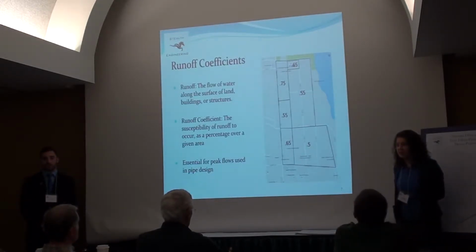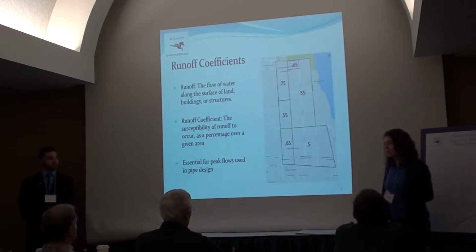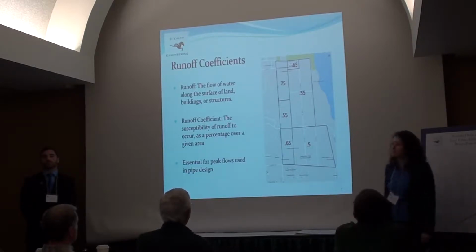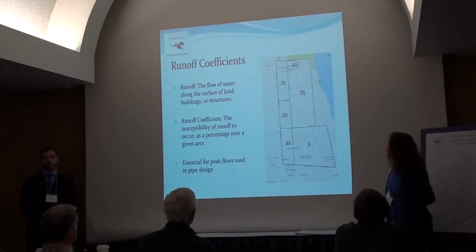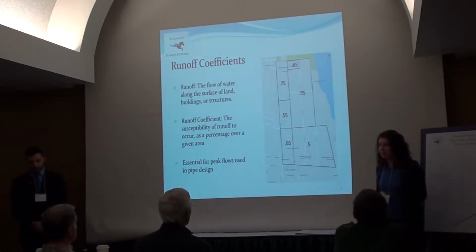The next step was to determine the amount of runoff. Runoff is described as the flow of water along the surface of land. The runoff coefficients describe the susceptibility of runoff to occur over a given area as a percentage. One of the main contributors to runoff is development and developed land.